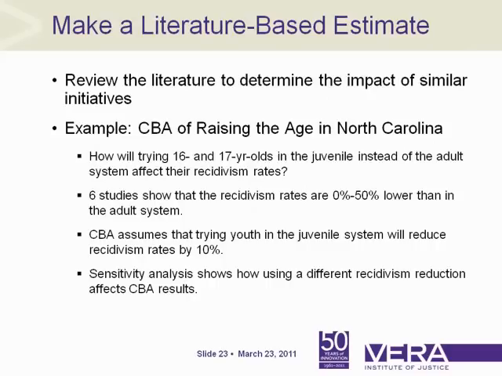So what we did was look through the research, and we found several studies with quite varying results. Some of the studies showed that recidivism rates were about 50% lower for adolescents being tried in the juvenile instead of adult system. Some of them showed that they were only a couple percentage points lower.